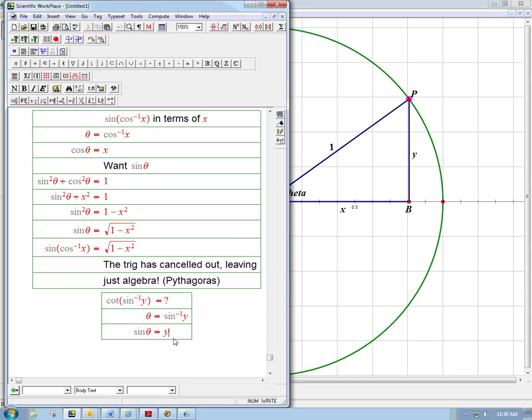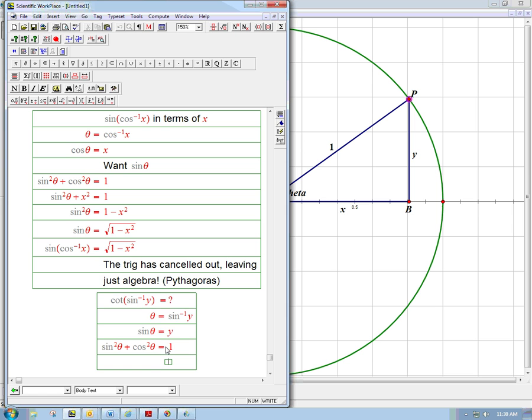Okay, so back to this one. Sine theta equals y. Let's see what we get. We want to figure out the cotangent. That's adjacent over opposite, that's x over y. So we're certainly going to need x. We're going to need the cosine. So we still have sine squared theta plus cosine squared theta equals 1.